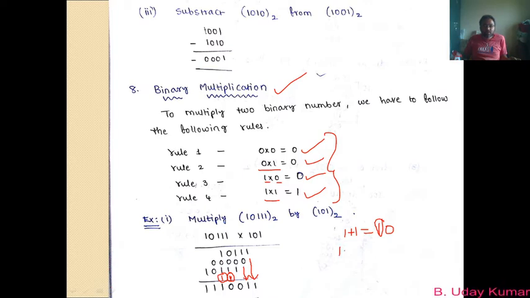So 1 plus 0 plus 1 plus 1. These are the four terms in the fifth column, so while solving it, you solve any two at a time. 1 plus 0 is 1, and 1 plus 1 is how much? That is 10.